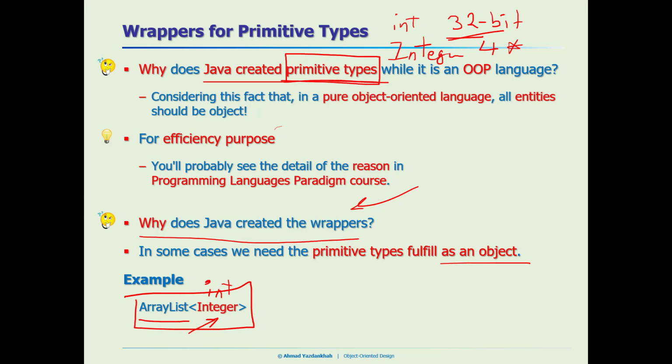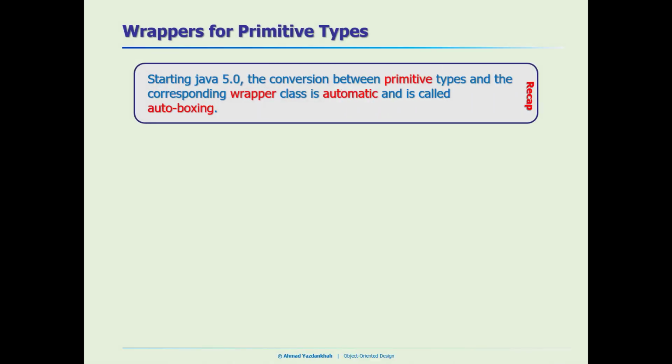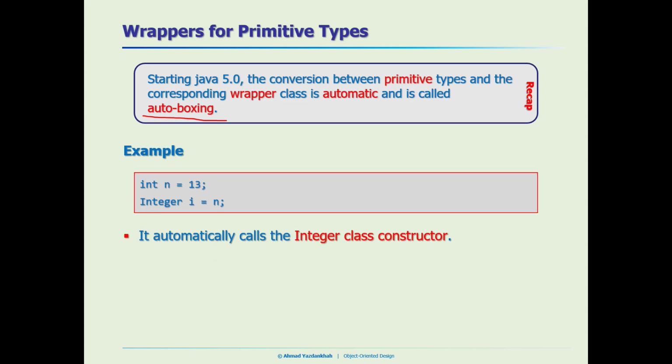Another thing that you need to know, which is just a recap from the previous courses you passed, is the concept of auto-boxing. What does it mean? When we have an integer like this, we can assign it directly to a wrapper class like this.